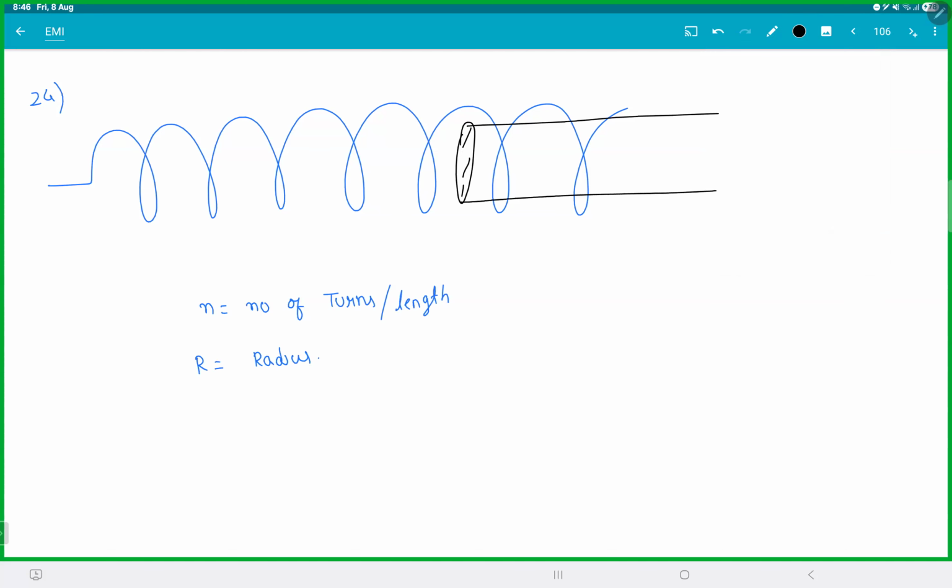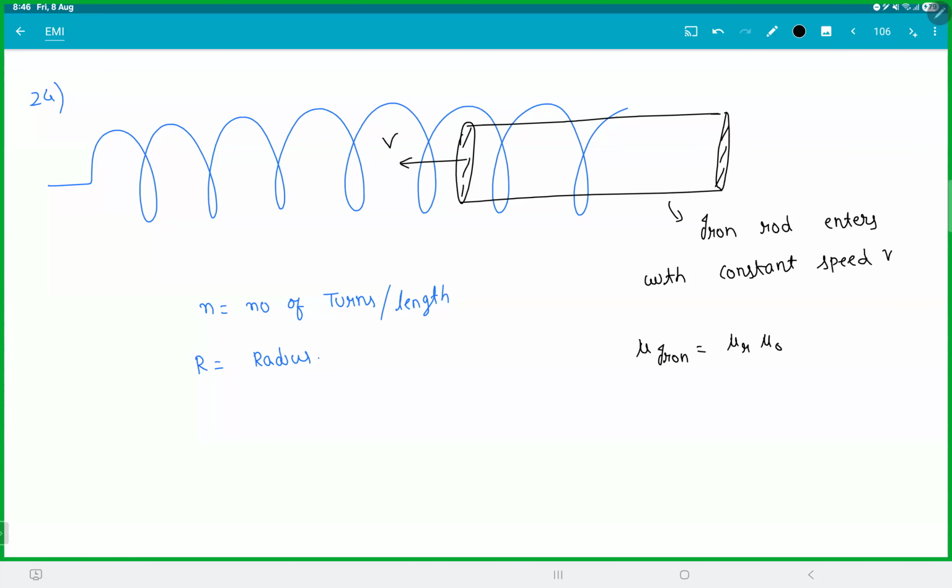We have a metal rod which is entering inside. This speed is V. Mu of iron is nothing but mu relative into mu naught, so don't worry about that. That value is given. Mu iron is given.